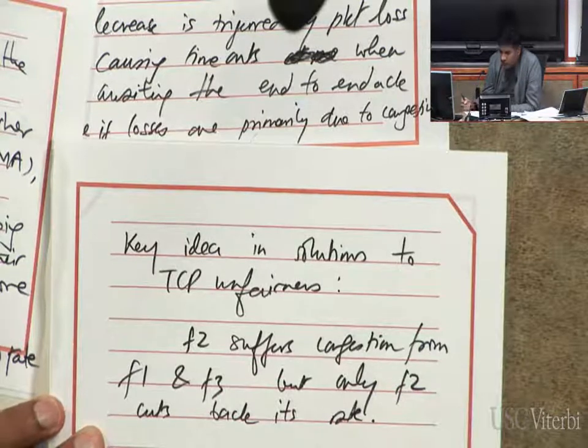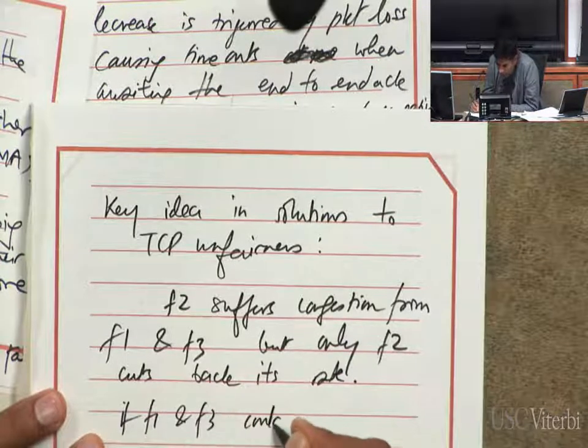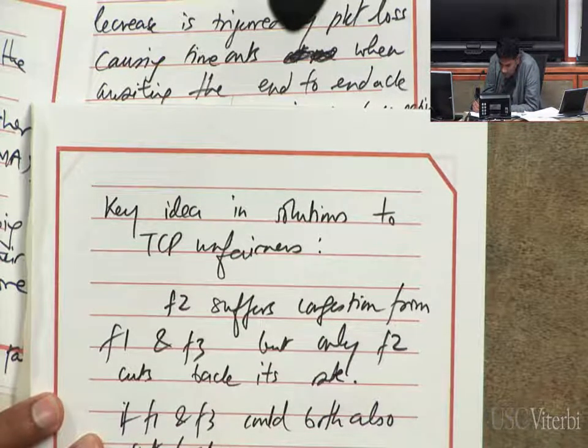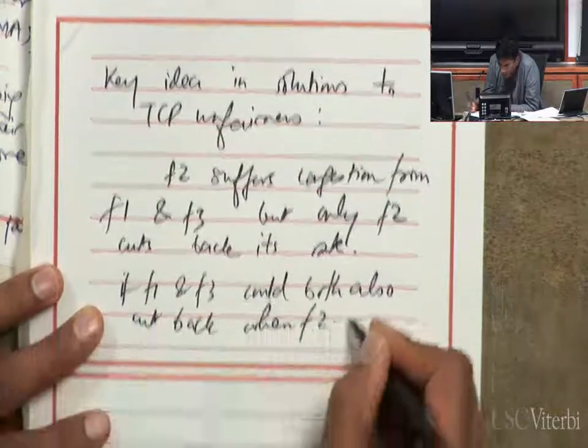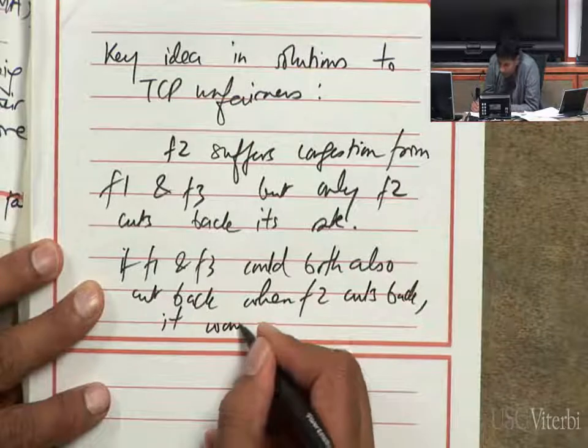Right? So the intuition is if F1 and F3 could both also cut back when F2 cuts back, it would improve fairness.